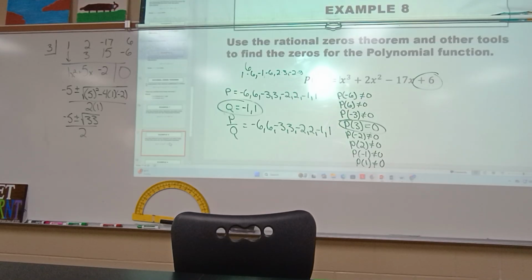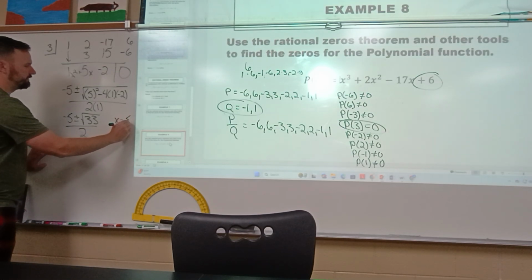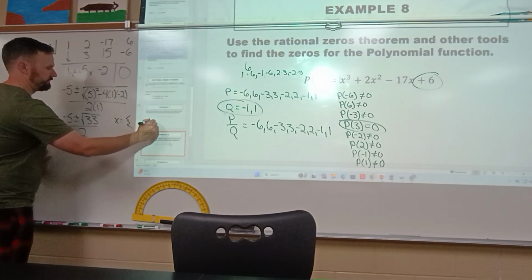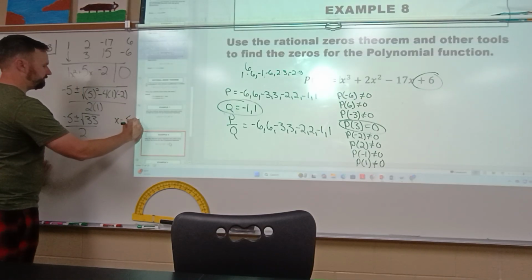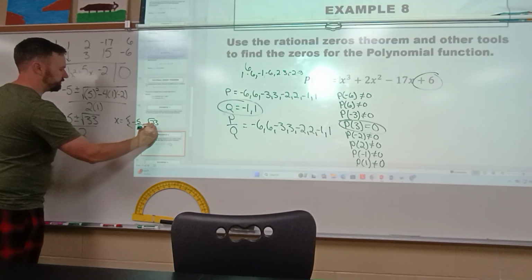So now, again, if you're plugging in answers for the homework, my 3 zeros would be, I'm running out of room. My 3 zeros would be, this is not in correct order, negative 5 over 2 minus root 33 over 2.